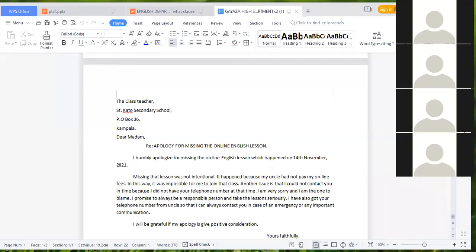The dear is from the margin. Then below the comma is where we shall write our reference. Why am I writing my letter? I'm writing my letter to apologize for missing the online English lesson. That is the main reason.